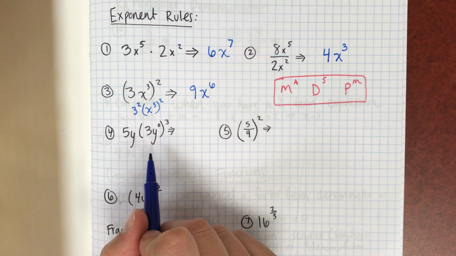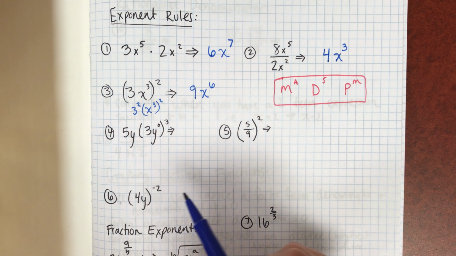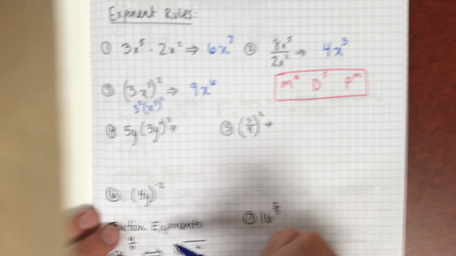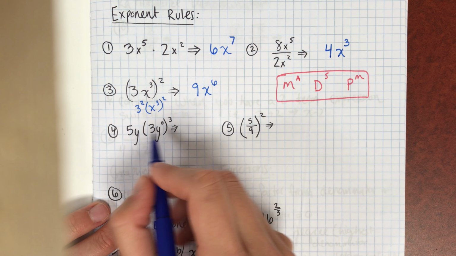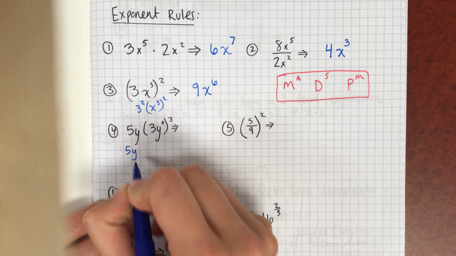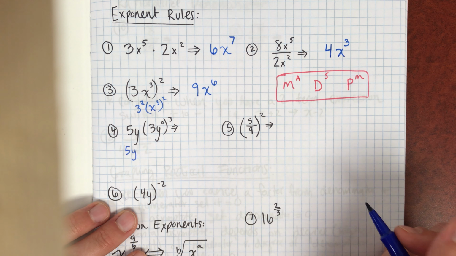All right, moving on. In here we've got a power to 0. Remember, anything to the 0 power is 1, okay? And let's just take this kind of step by step. So first off, we've got our 5y, nothing's happening to that.